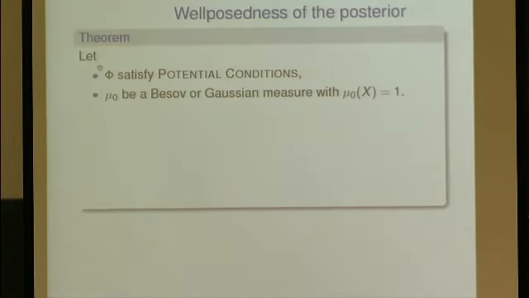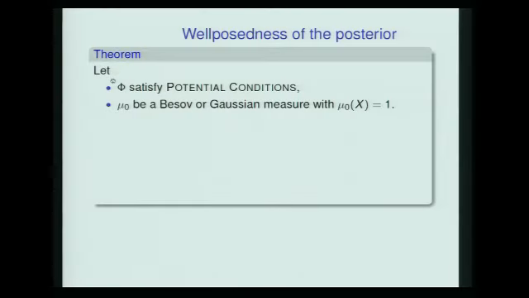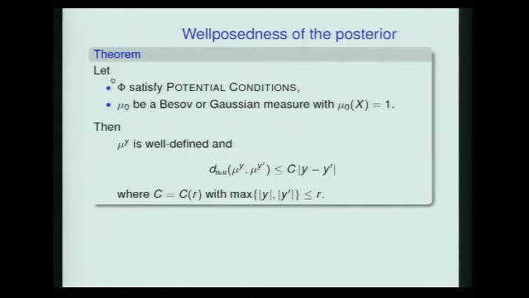So having those, you have the well-posedness. If your phi satisfies these conditions, and you have a Besov or Gaussian measure mu naught of x, because the Besov measures are a generalization of Gaussian and include that case as well, then you have a well-defined mu y, so the Radon-Nikodym derivative makes sense. And then you also have well-posedness.